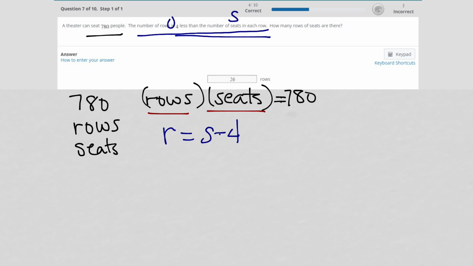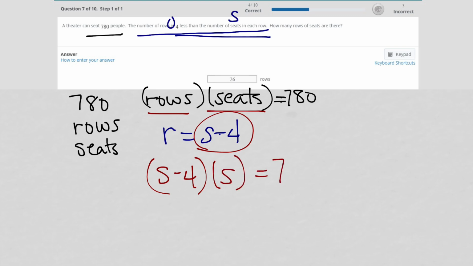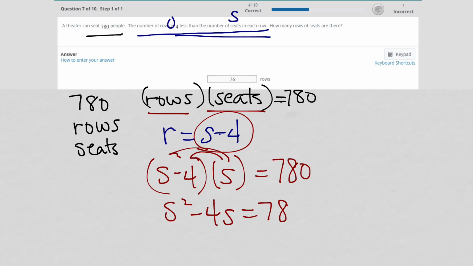And I need my equation to only have one variable. So instead of rows, I'm going to put this into it. I'm going to do S minus 4 times seats, which I just called S, equals 780. So when I distribute, I'm going to have S squared minus 4S equals 780.